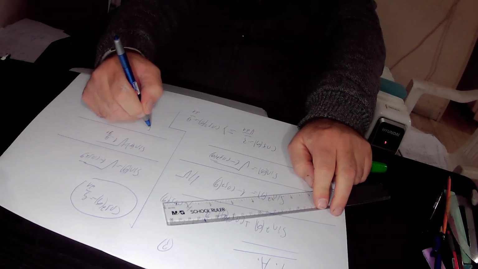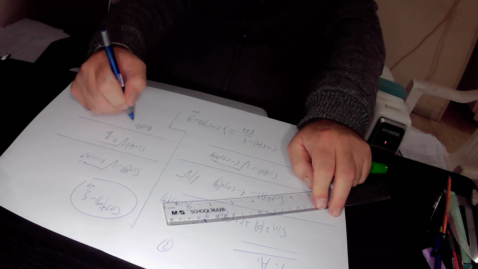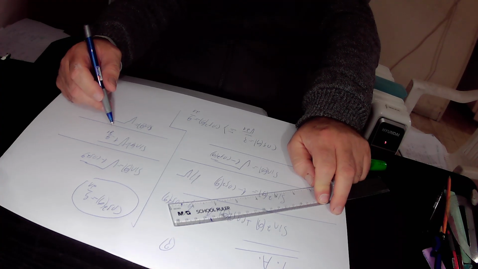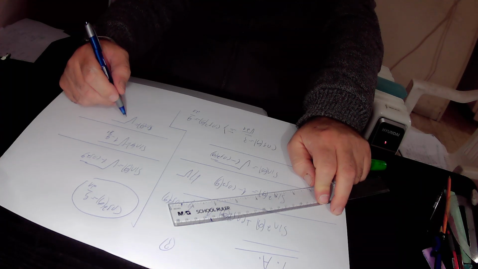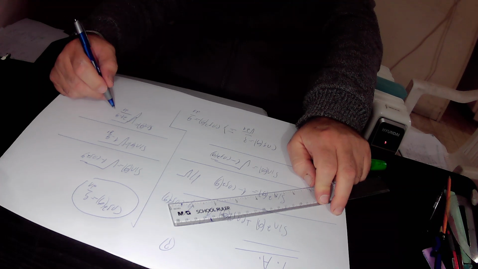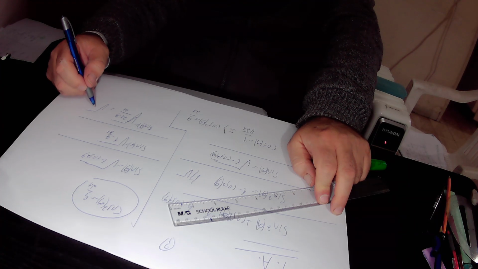So sine alpha equals the square root of, here we multiply 1 by 21 and divide it by 21 in order to get a common denominator with this number. So it is 21 minus 9 over 21. So sine alpha equals the square root of 21 minus 9, which is 12, over 21.